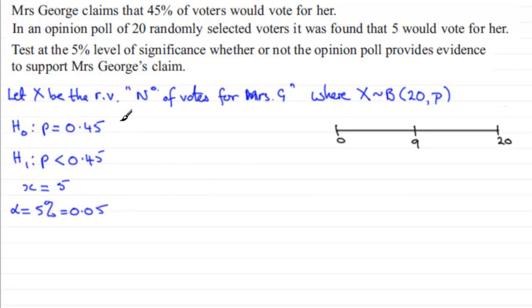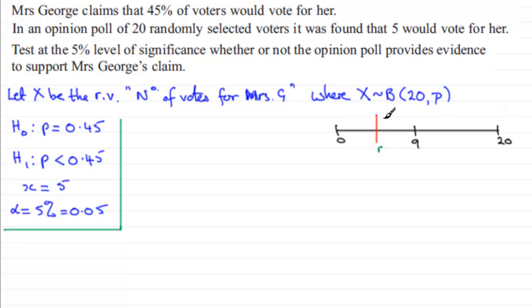Now to do this by using the critical value method, what we're going to do is set up some value which we'll call R, that critical value. Let's mark it in at a point down here where, if we work out the probability of being less than this value based on the null hypothesis, and this value turns out to be less than 5%, then we reject the null hypothesis.